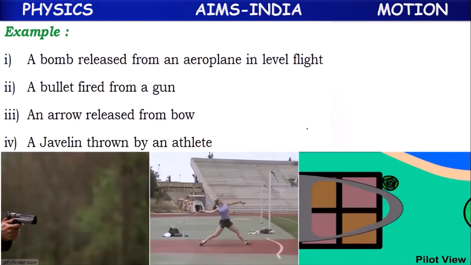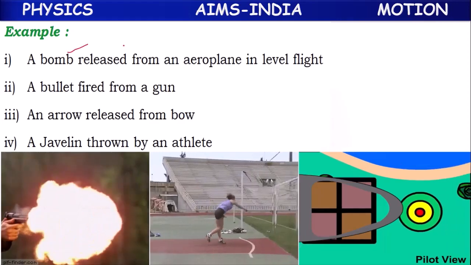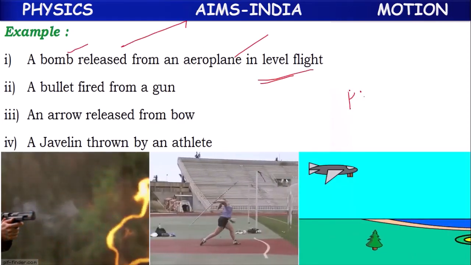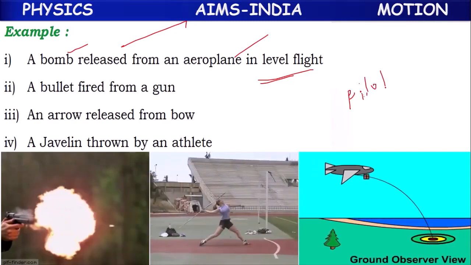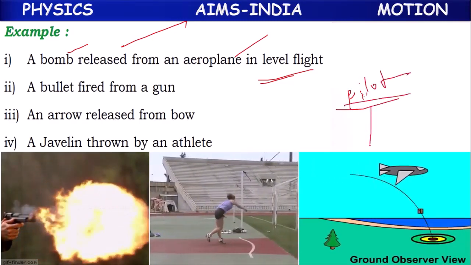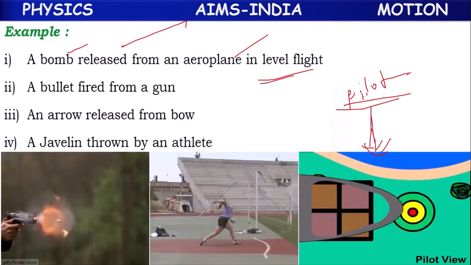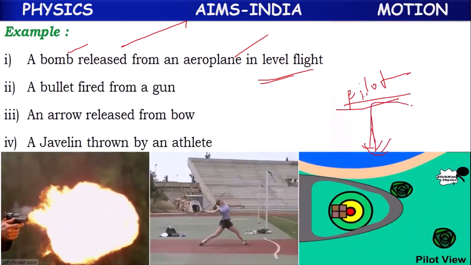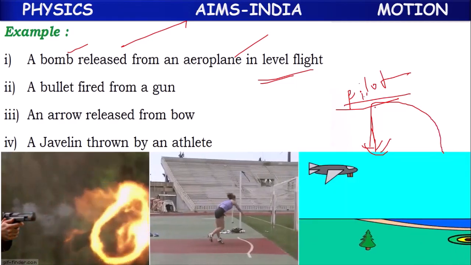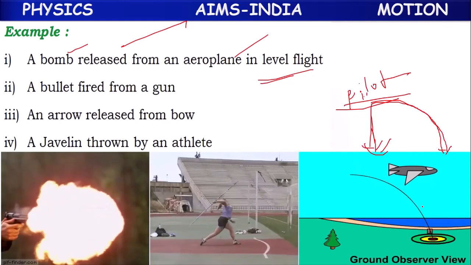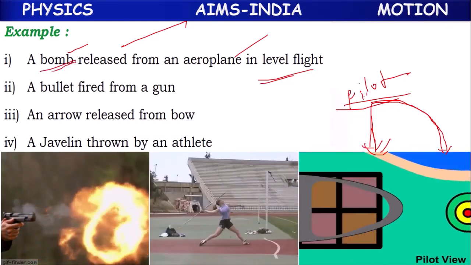So we have two views for a bomb released from an aeroplane in level flight. One is the pilot's view: for the pilot, it appears to fall straight downwards. But for a person observing from the ground, it travels a parabolic path. So this is an example of projectile motion.